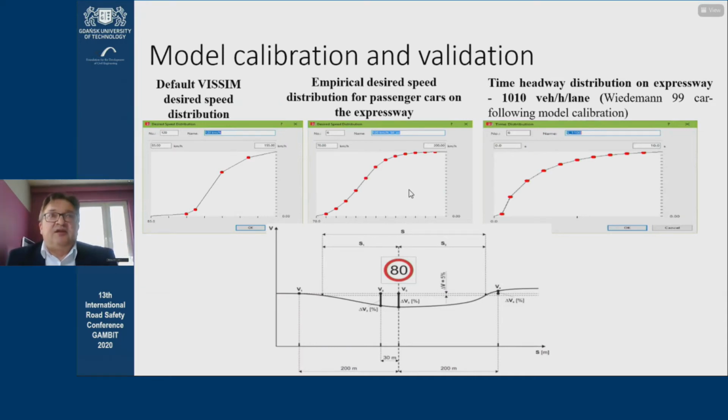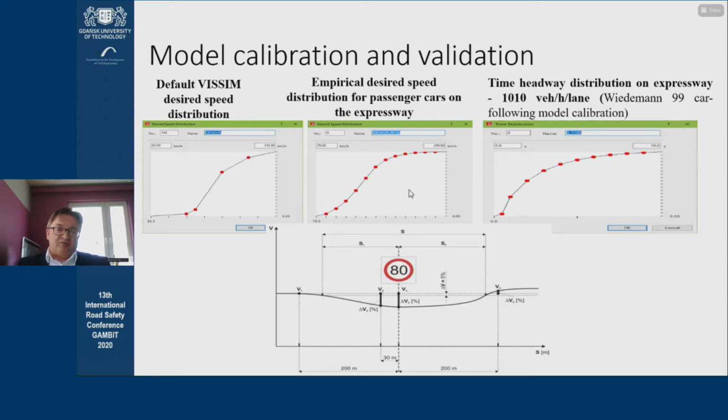The data were used to calibrate and validate simulation models. During calibration, we used data from traffic control stations, and so we developed empirical time intervals between cars for different traffic volumes.